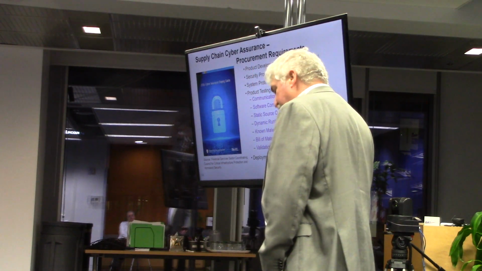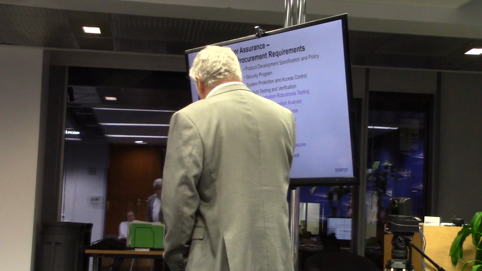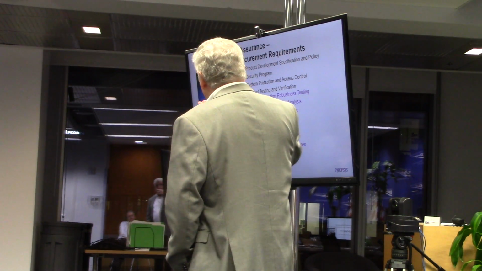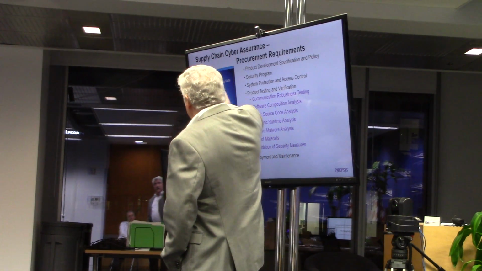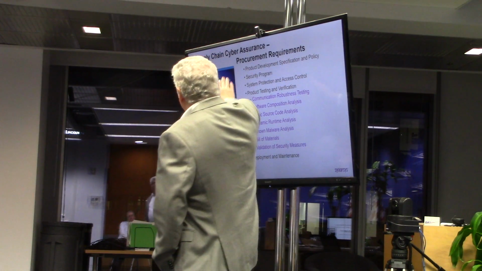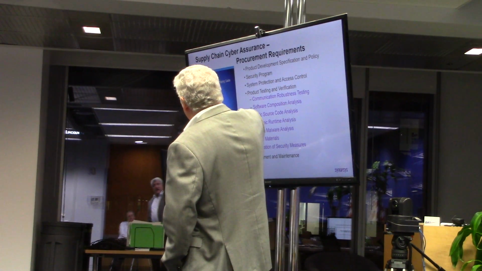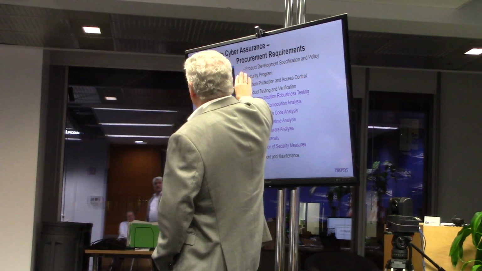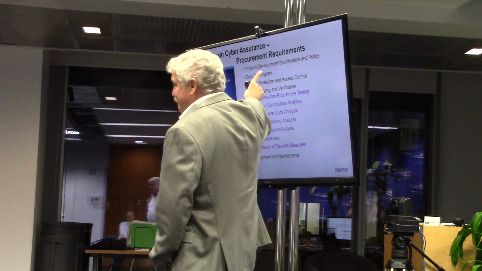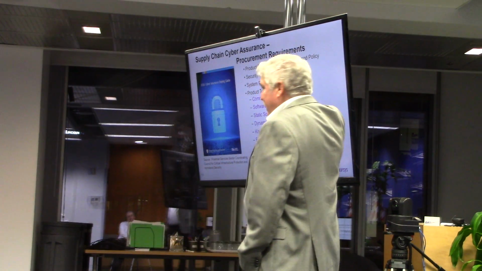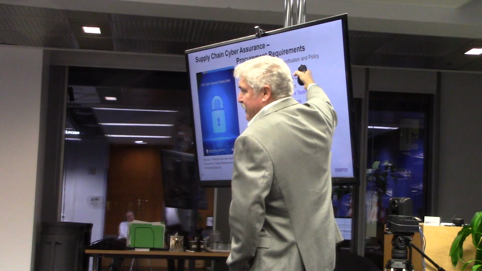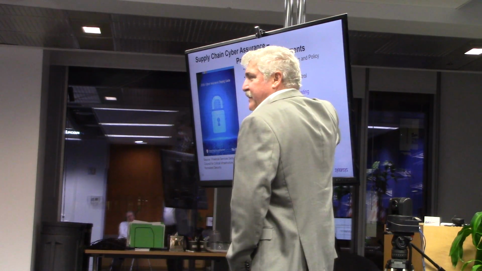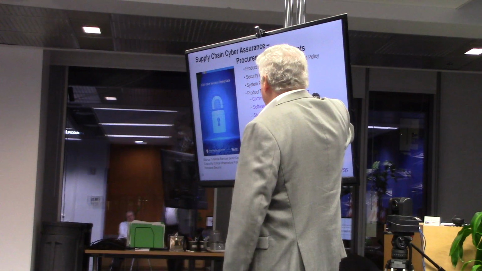But what's interesting is now the financial sector came out with a report on supply chain, entitled Cyber Insurance Buying Guide. And they have an annex to it that says supply chain cyber insurance procurement requirements. This is what they're recommending to all financial institutions. If you look at the titles, it's exactly the same thing I just talked about in our guide.